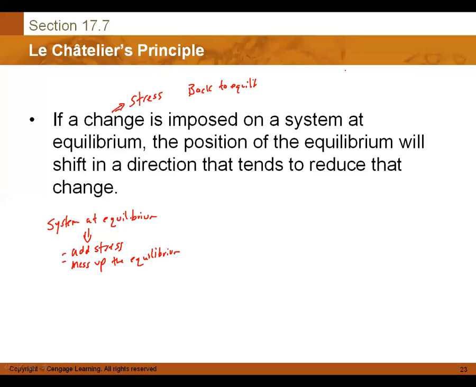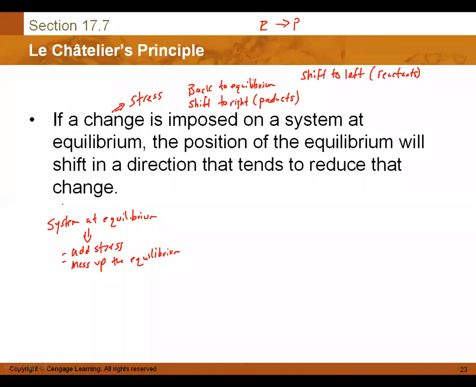It may have to shift to the right, which essentially means that you need to make more products. The right-hand side of the equation is products, and the left-hand side is reactants. It may also need to shift to the left, which means it's going to make more reactants.